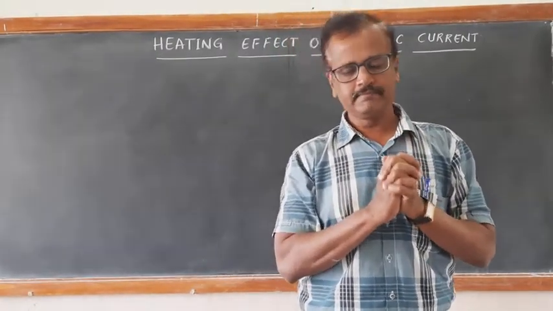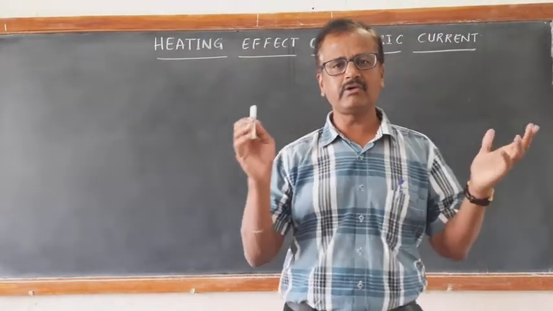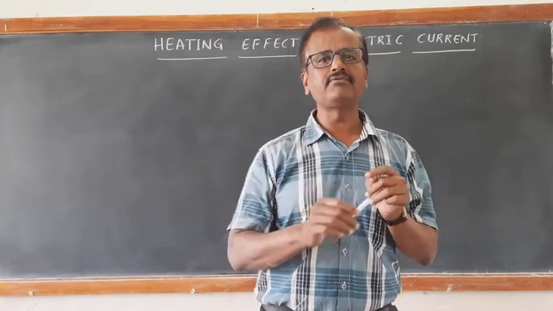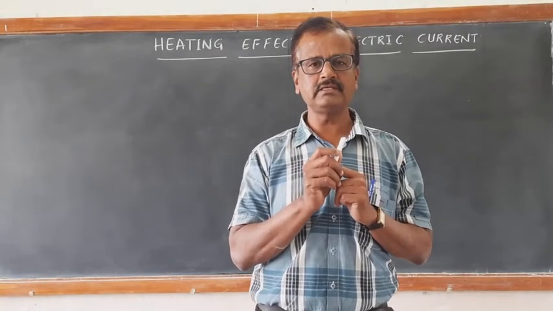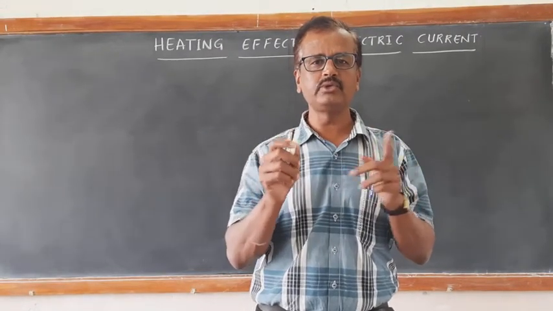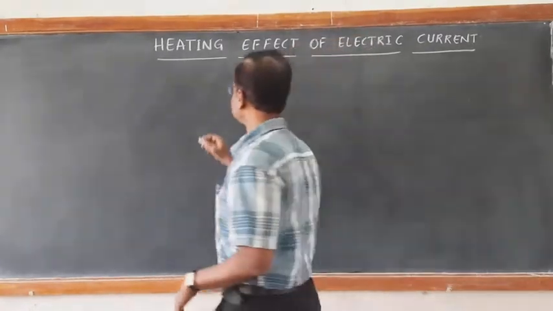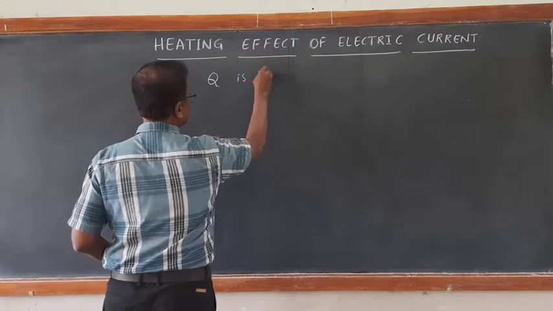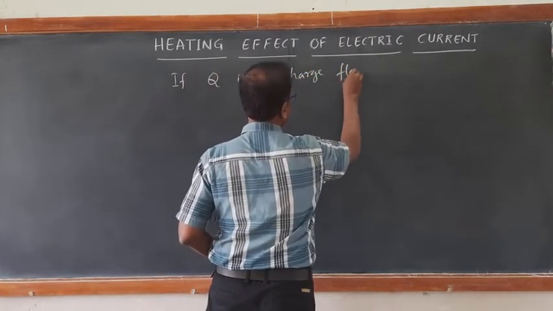Let us say that V is the potential difference applied across a resistor, so that the current I flows through that resistor. I is the current due to the charges flowing through the resistor.